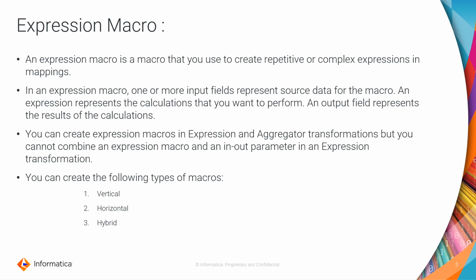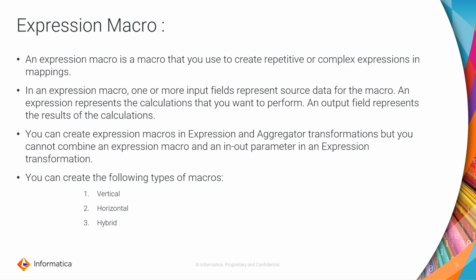This output field will give us an output based on the configured logic, and based on the type of the macro expression the output will vary. The macro expression can be used in expression transformation and aggregator transformation. You cannot combine both the expression macro and an in-out parameter in an expression transformation.